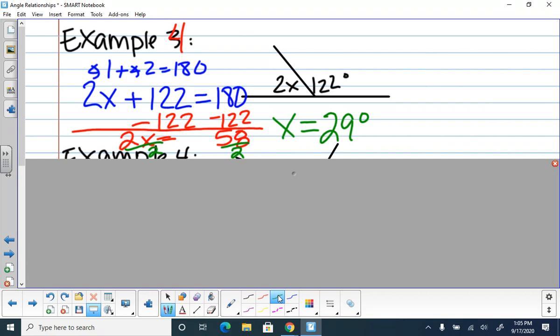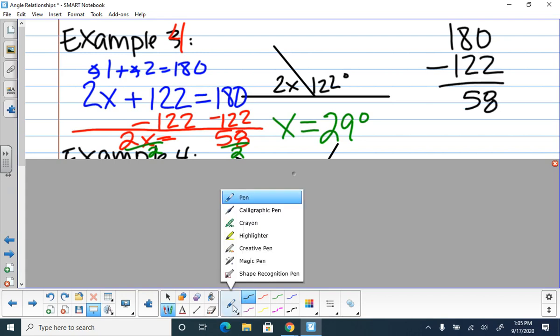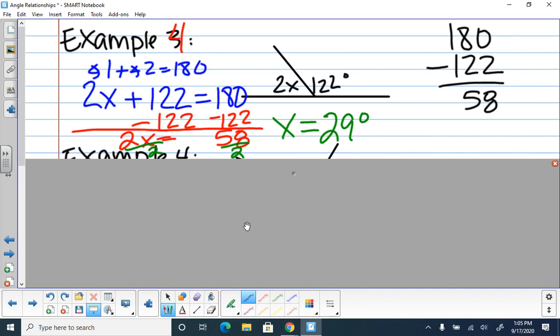Okay. Another way to look at this would be, if I forget how to solve two-step equations, so now we're just in canceling mode. Another way we could have done this is we could have said, okay, I am starting at 180 degrees, straight line. I know 122 of it. So I know this section that is 122, so I know this other section here has to be 58.